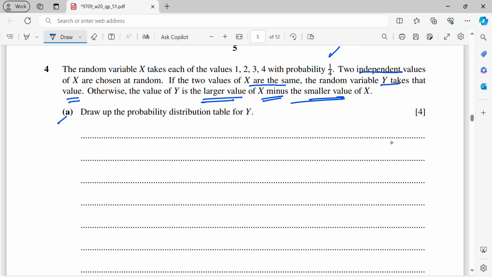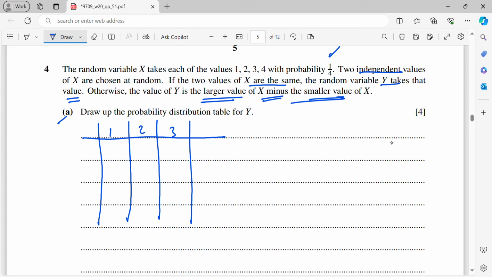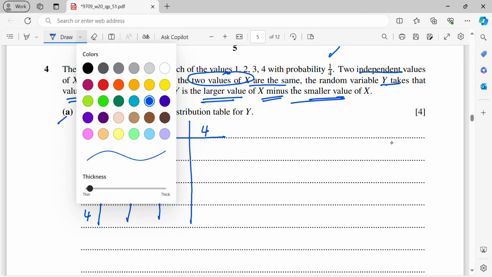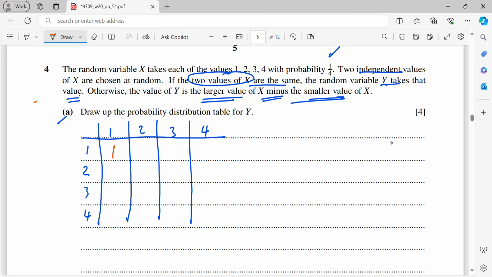Now y has to compare both x. So now here I will just draw a table. Each of the x will take 1 to 4. It's mentioned that if both x are the same, then y will be that value. So I will get 1, 1 is 1, 2, 2 is 2, 3, 3 is 3, and 4, 4 is 4.